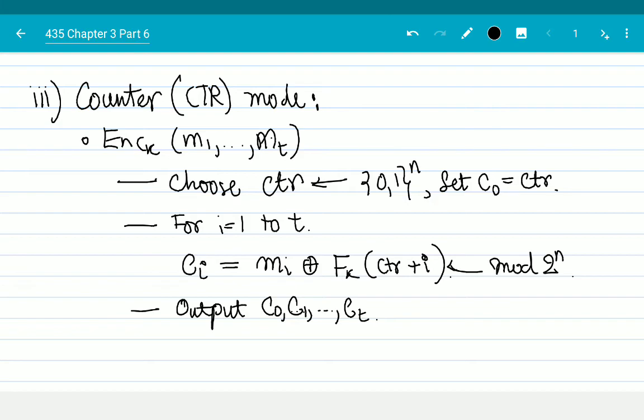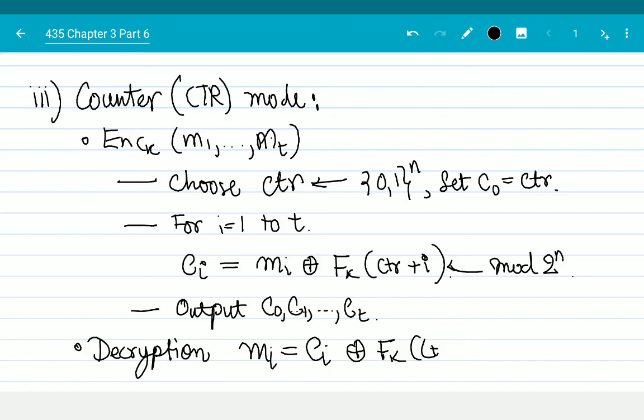Decryption is then going to be Mi equal to Ci XOR Fk of CTR plus i.